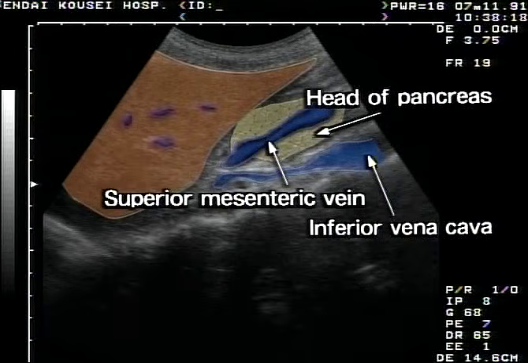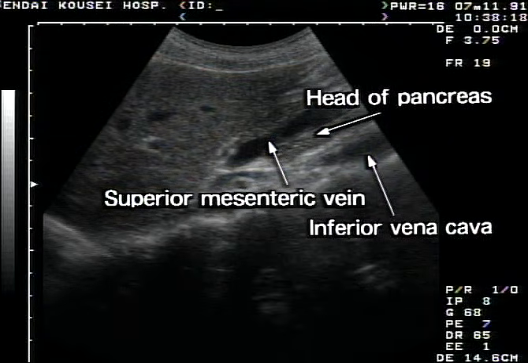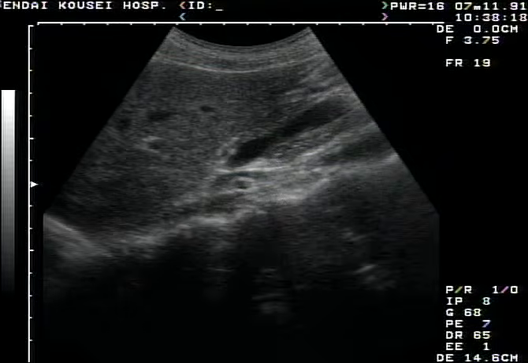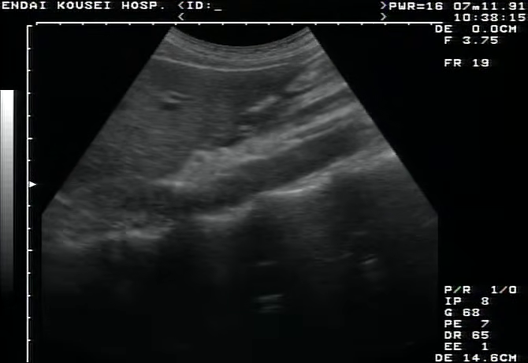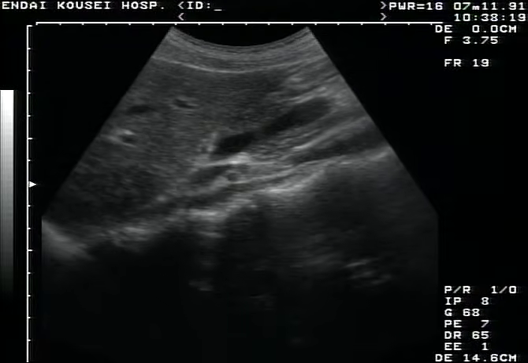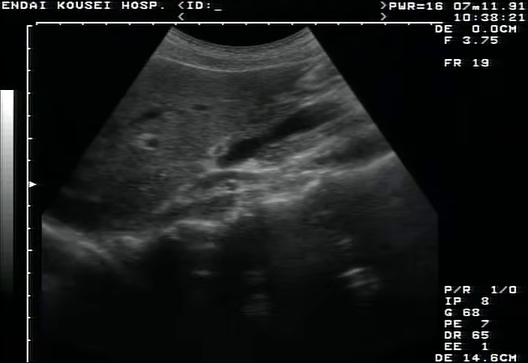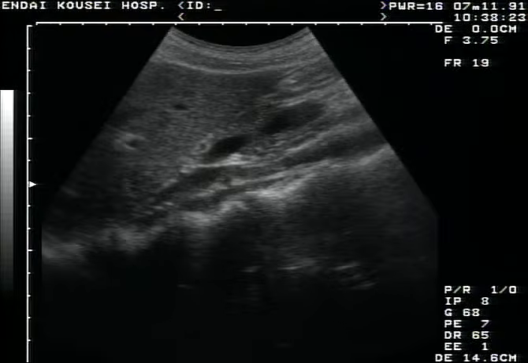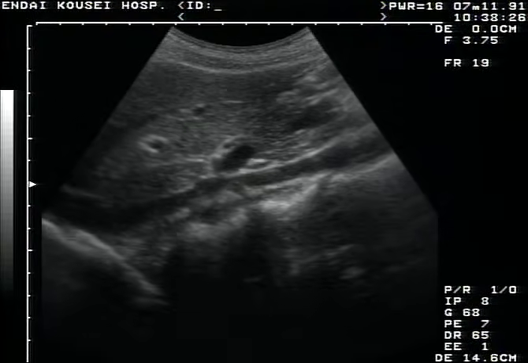Therefore, use the inferior vena cava and superior mesenteric vein as a reference to identify the head of the pancreas. Check for abnormalities in the size of the pancreas and in the overall echo level. Look for calcifications or tumors and dilatation of the pancreatic duct.